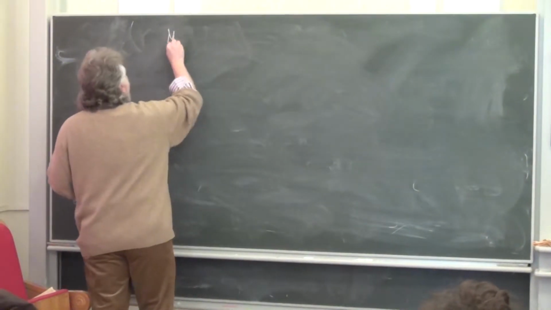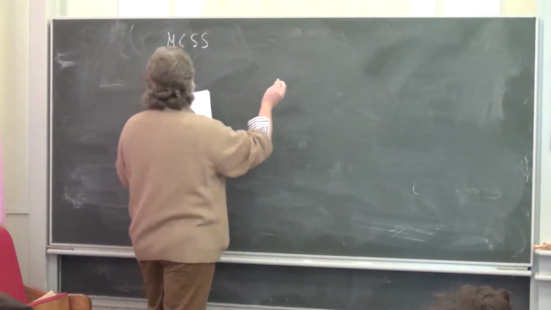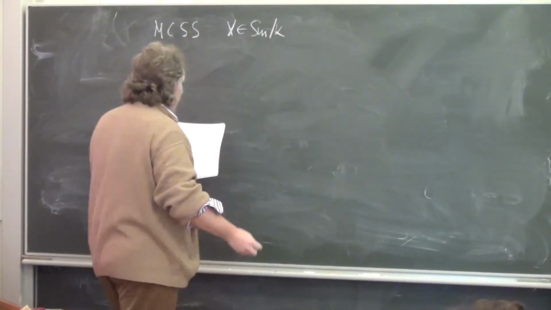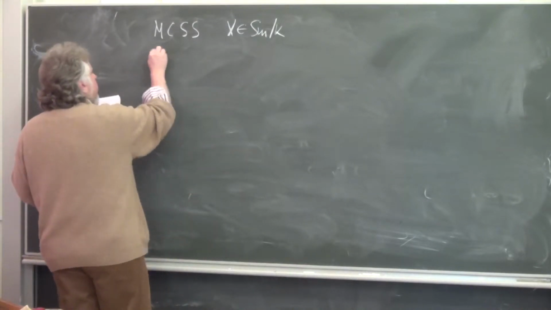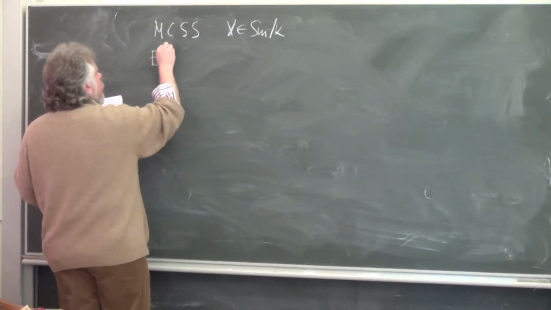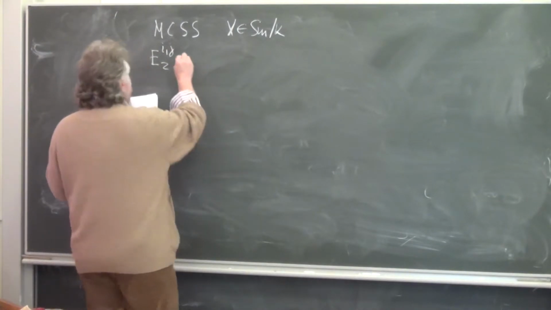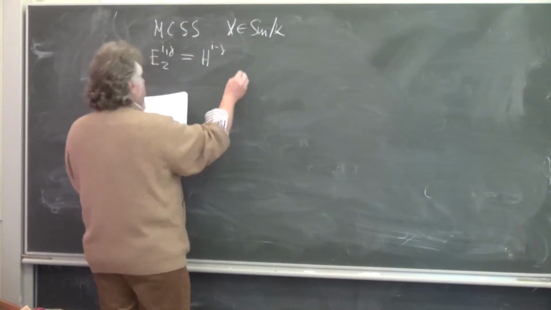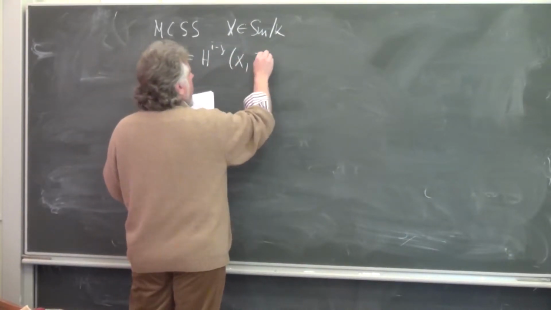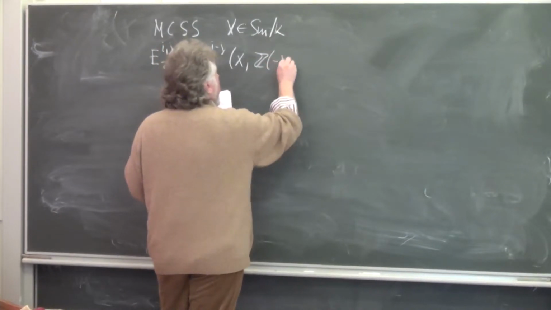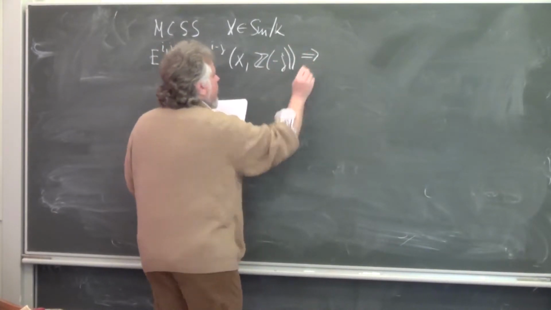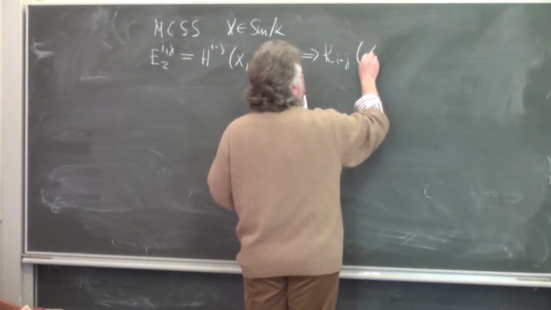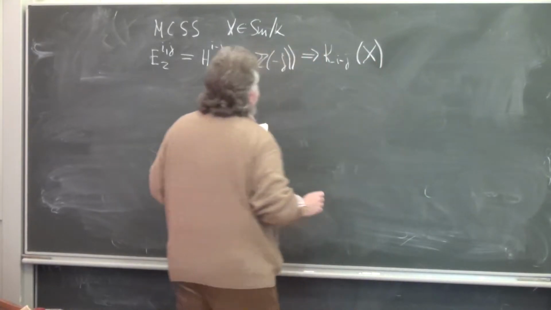Okay, let me now finally write the formulation. I will call it the Motivic cohomology spectral sequence, and let X be a smooth algebraic variety over K. Then there exists a naturally defined spectral sequence such that E2^{ij} is H^{i-j}(X, Z(-j)), and this converges to K_{-i-j}(X).